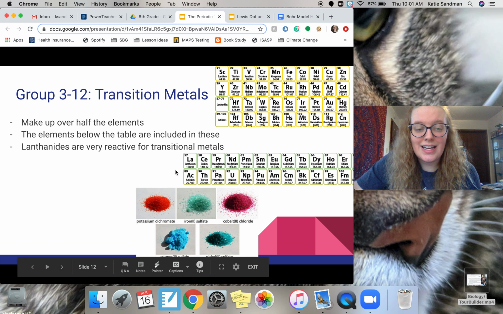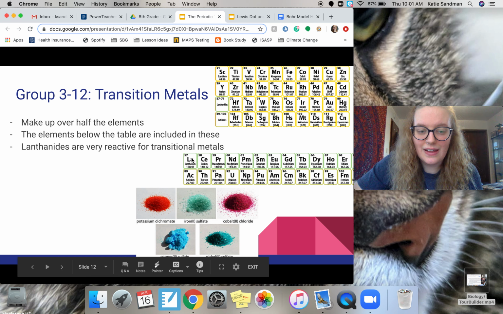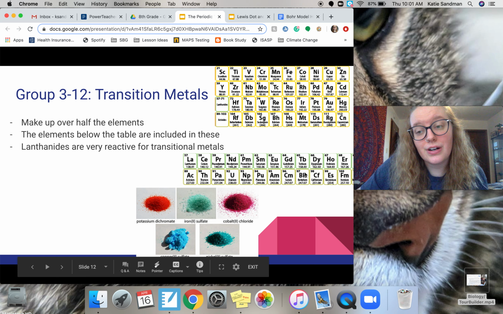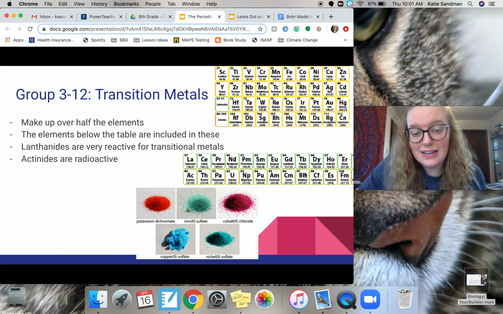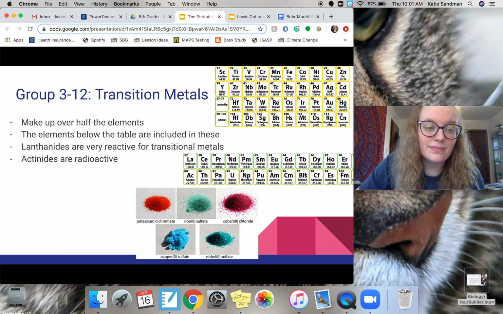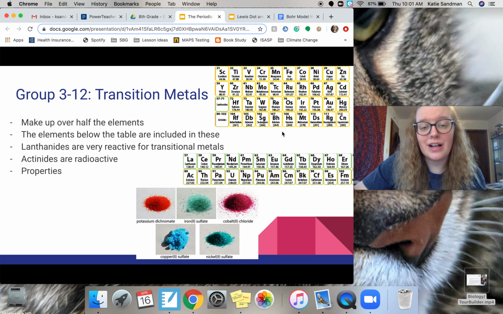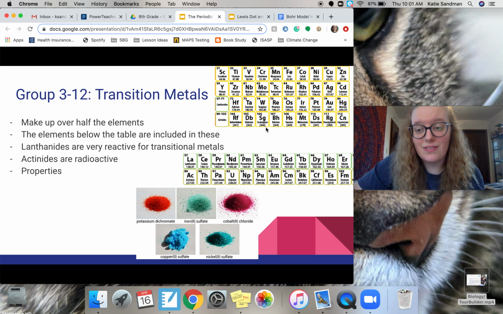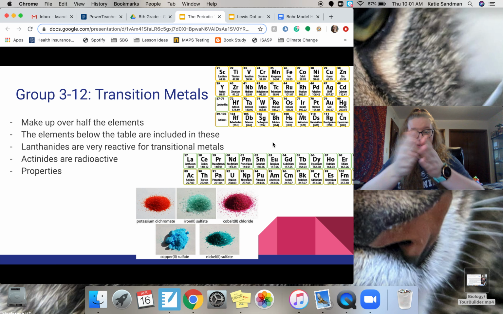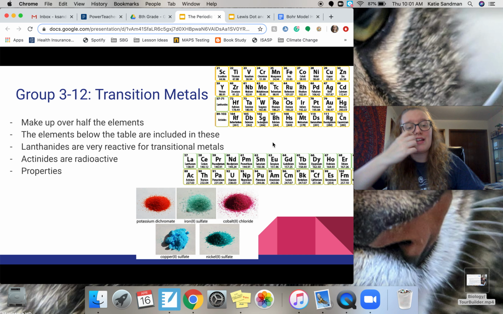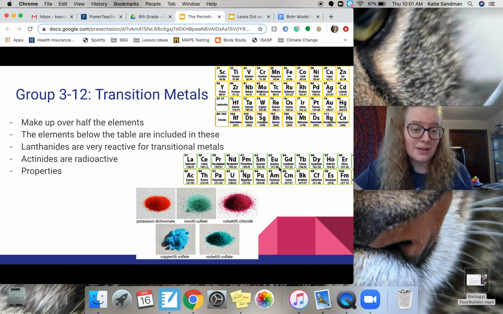These are the lanthanides, that's that La right there. These are very reactive for our transition metals, and our actinides are radioactive. And if you're wondering, why aren't they on the periodic table? Why are they below it? Well, if they were actually on our periodic table, it would be super long. So that's why they just decided to put them at the bottom.